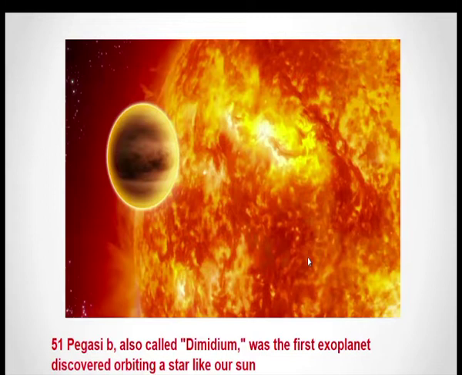This is the exoplanet named 51 Pegasi b, also called Dimidium. This was the first exoplanet discovered orbiting a star like our sun. This is a star. This star looks like our sun. This is that 51 Pegasi b, which is also called Dimidium.